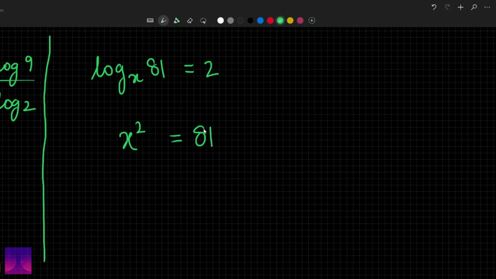Do you know any number whose square gives you 81? Let's solve this. x is equal to the root of 81, and you know that the root of 81 equals 9. Therefore, 9 squared equals 81. It means x equals 9.